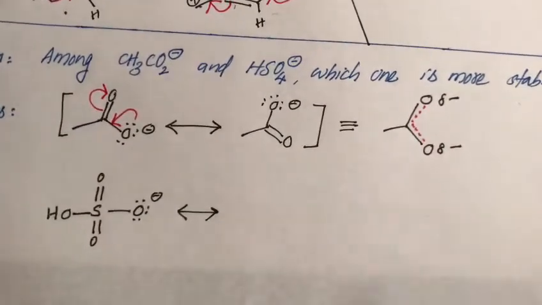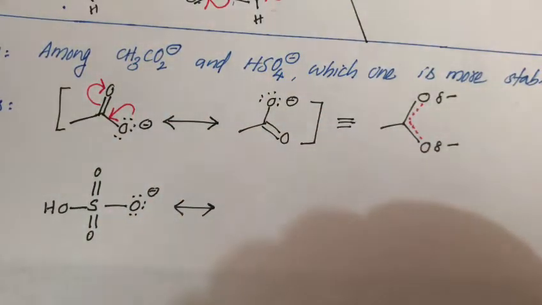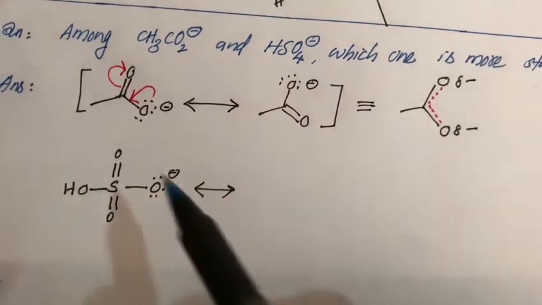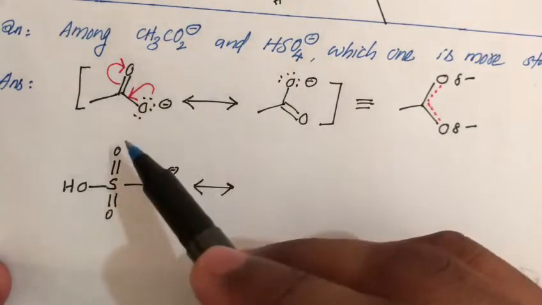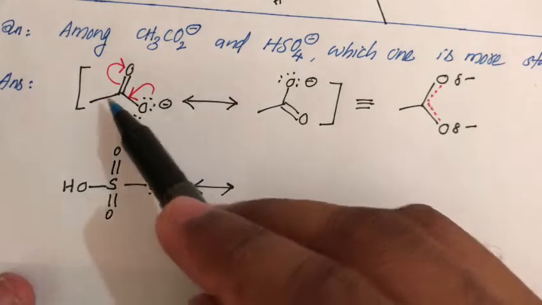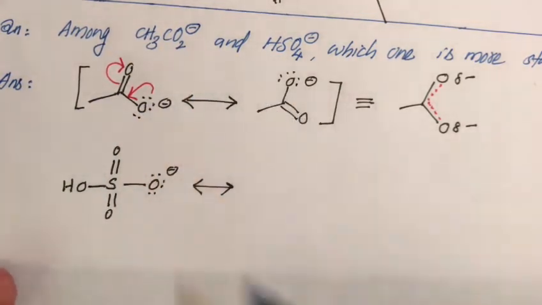Another question: among CH3CO2 minus and HSO4 minus, which one is more stable? It is based on resonance effect. We have already drawn the resonance structure of the carboxylate, the acetate ion. It is a resonance structure like this.